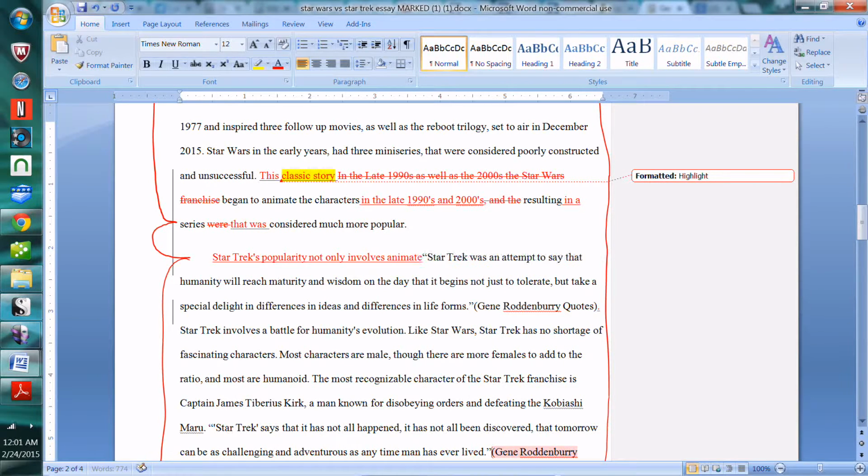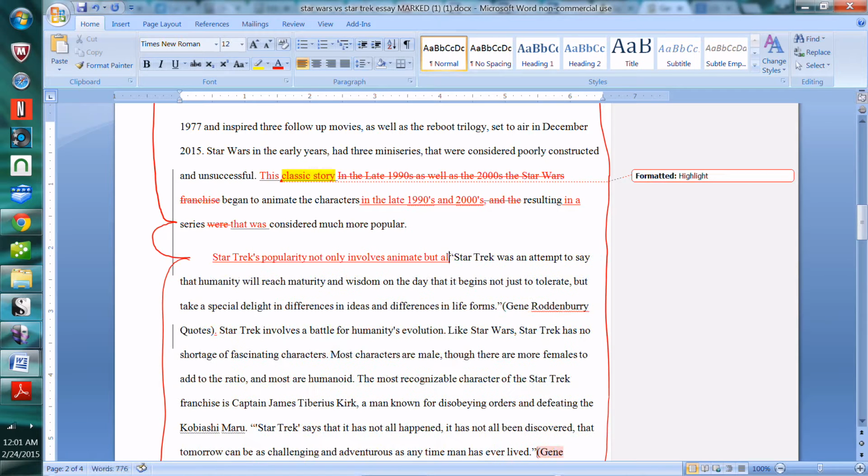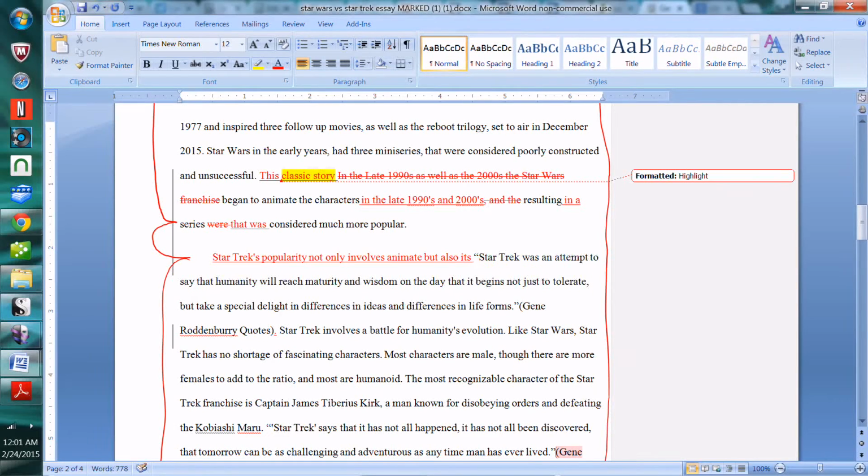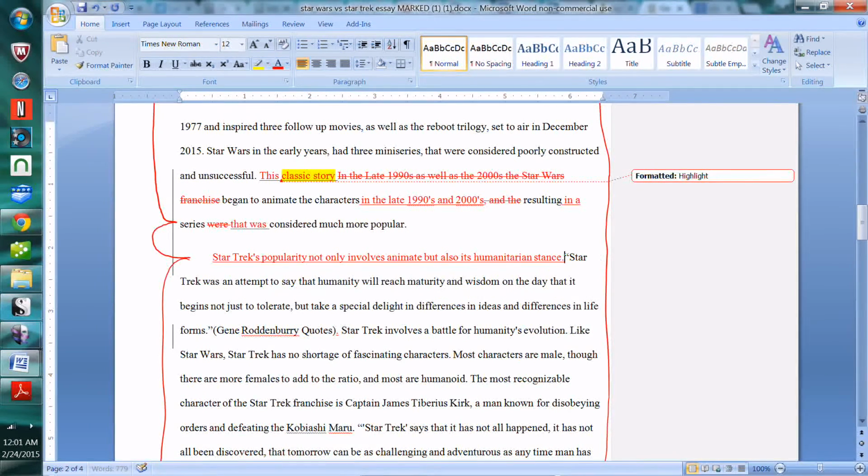You're going to have to do the actual facts, but also its view or its political, its humanitarian stance.